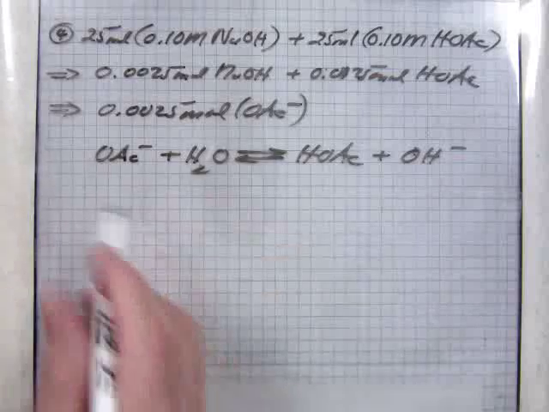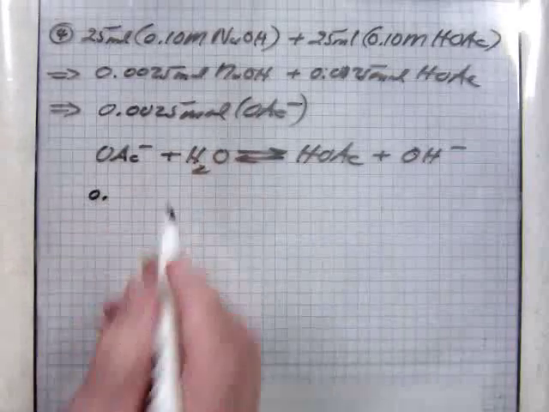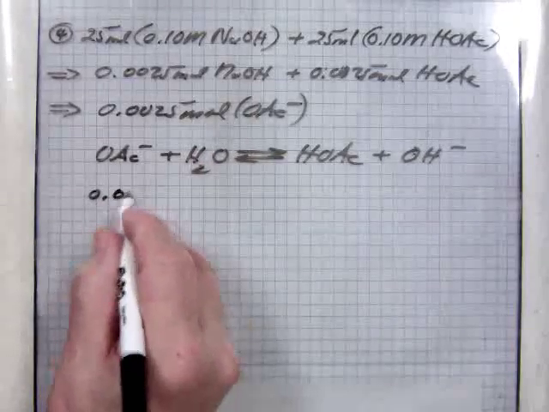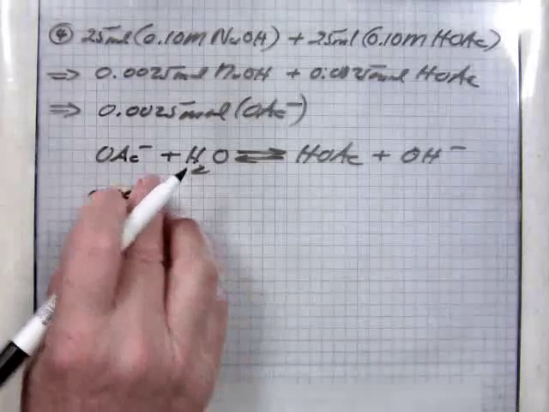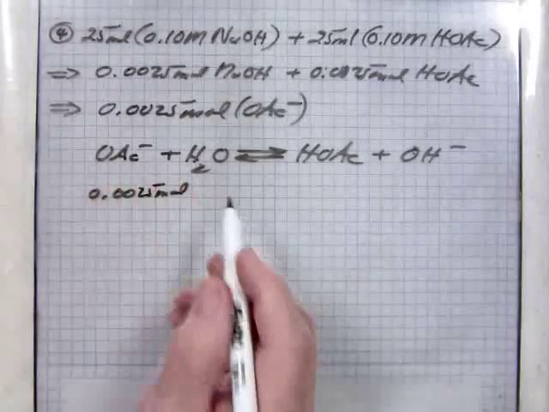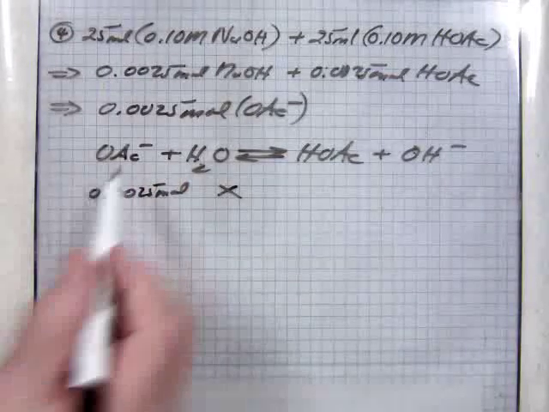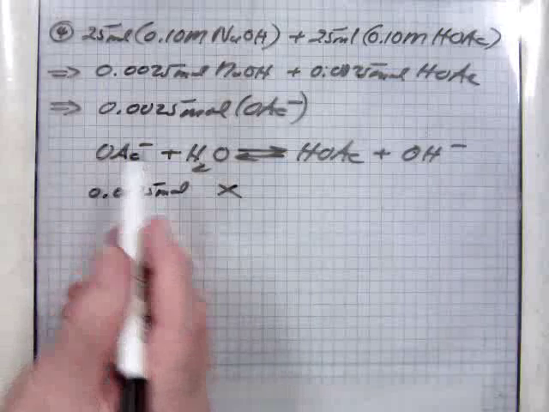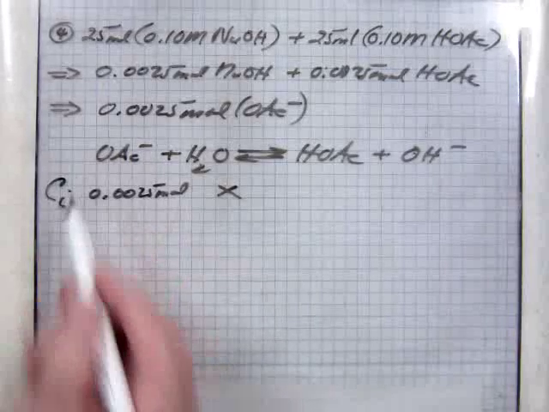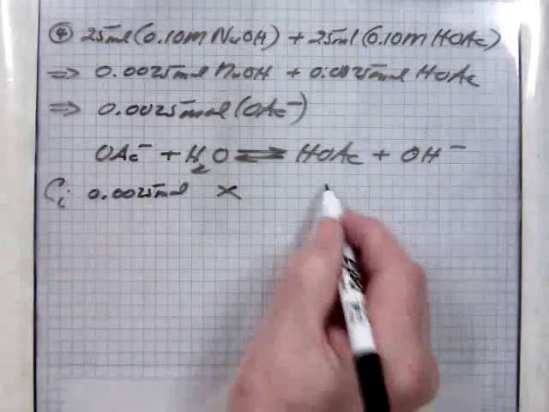But anyway, here we have 0.0025 mole of the acetate, and disregard the water. So all you're interested in is the effect of the acetate right here. And so we take the initial row here, and this is 0 and 0.